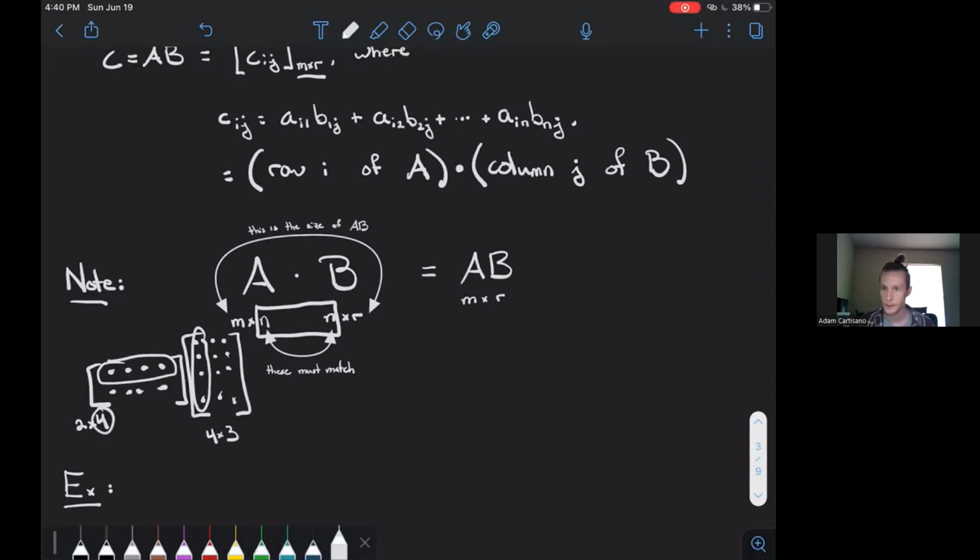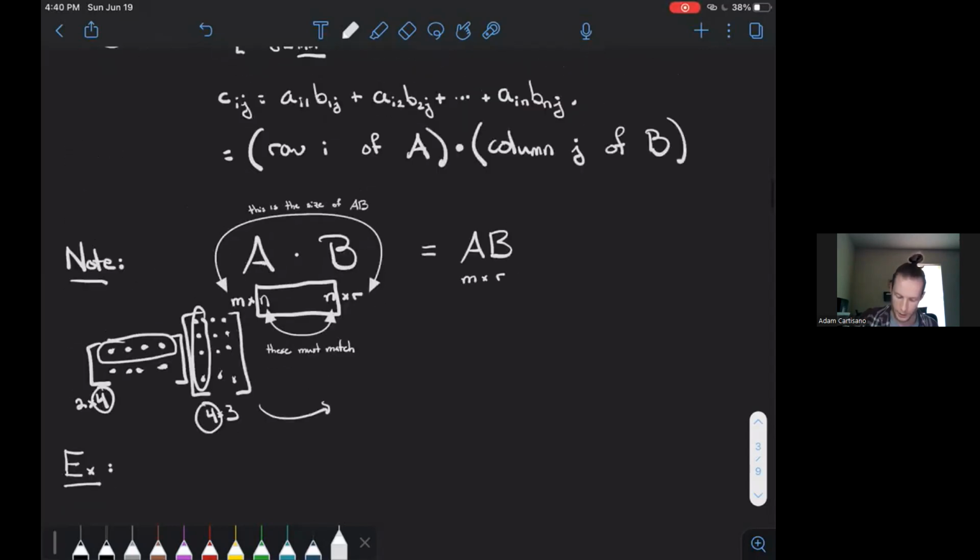Notice the number of columns in A matches the number of rows in B. I've highlighted the first row and the first column. First row of A, first column of B. That will give me the 1, 1 entry in the product matrix.